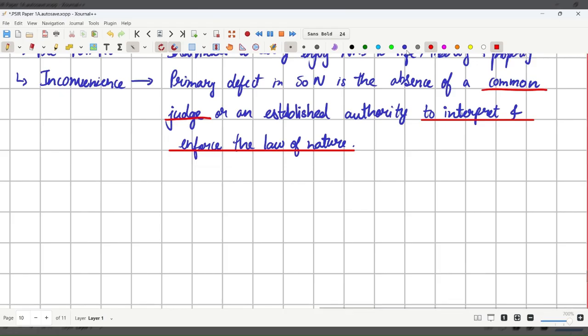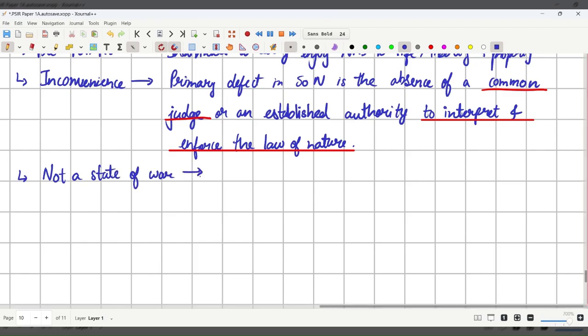And he also says that the state of nature is not a state of war. It only becomes a state of war when someone uses force without right.